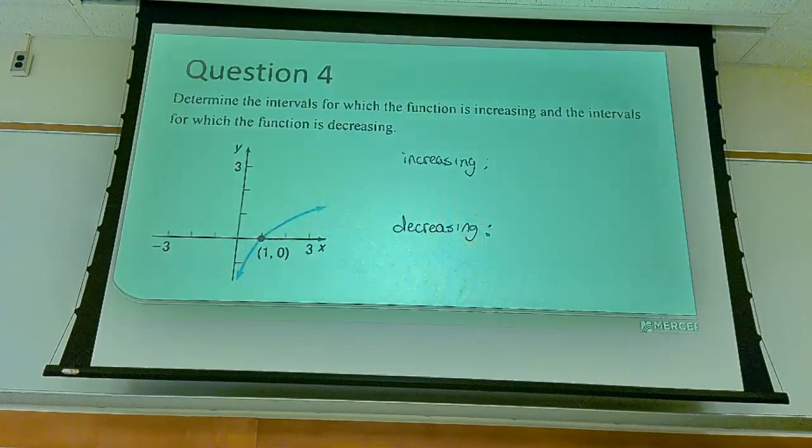But what's the starting point? Not 1. 0. Notice it's never crossing the y-axis here. The graph isn't defined for less than 0. And then decreasing, again, nowhere. Empty set.